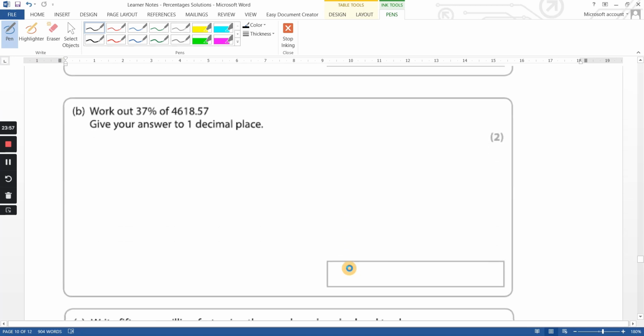Part B, work out 37% of this amount. Give your answer to one decimal place. So definitely use your calculator for this one. I work these out how I say it. So 37% of the amount. You do literally how you say it. Percent means out of 100, doesn't it?